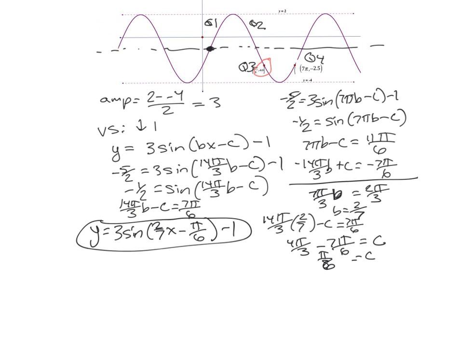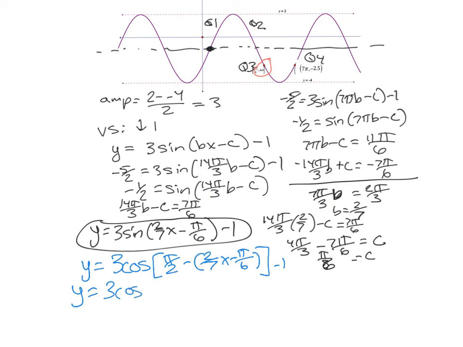Now, rewriting in terms of cosine, 3, I'm going to say 90 minus my angle that I took the sine of, minus 1, so y equals 3 cosine of negative 2/7x plus 2 pi over 3, minus 1.